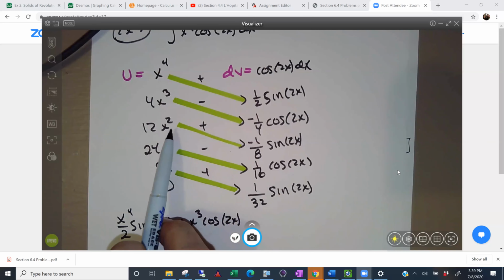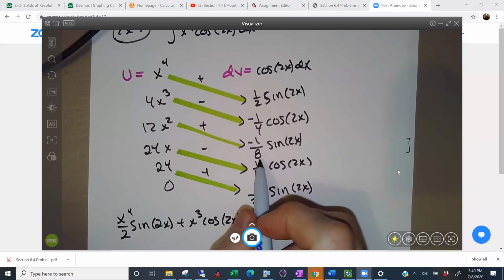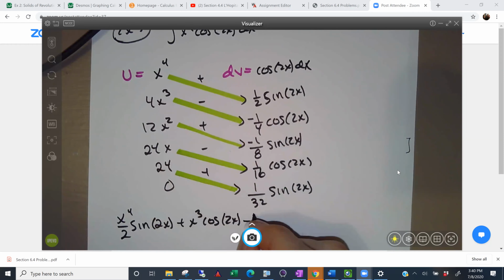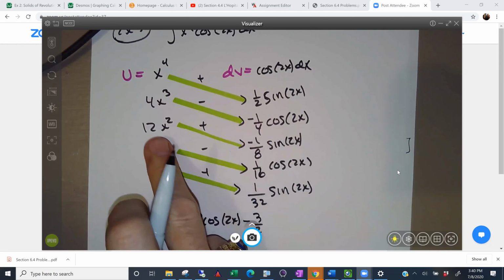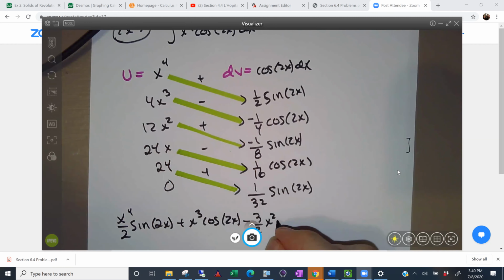Let's look at this one here. Here times here. 4's will cancel. 4 goes in there 3 times, here 2 times. Positive times a negative is going to be negative. So negative 3/2 x squared sine of 2x.